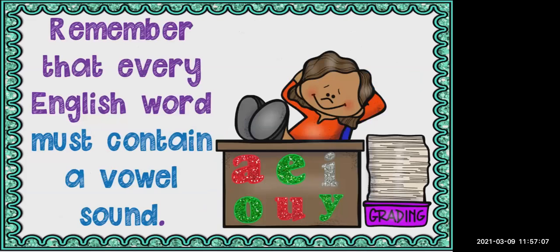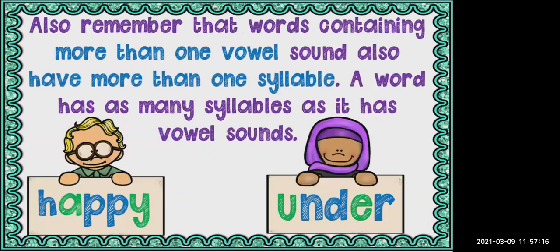So I need you to remember that every word in English must contain a vowel sound. And I also need you to remember that words that contain more than one vowel sound have more than one syllable. And a word has as many syllables as it has vowel sounds.